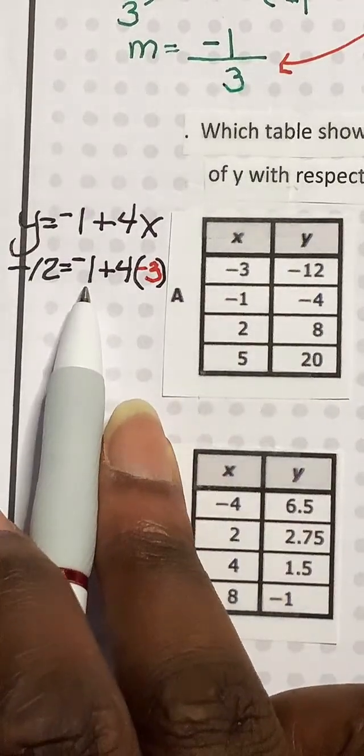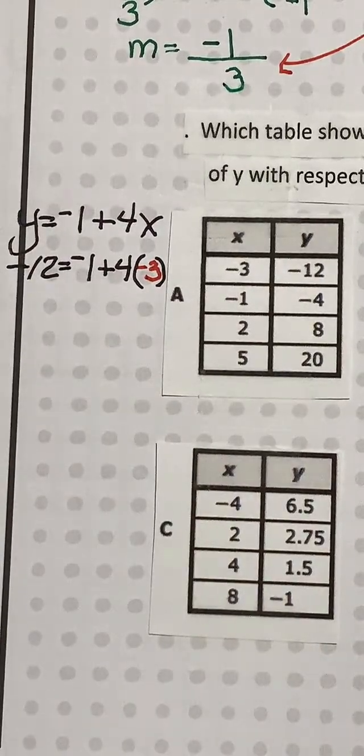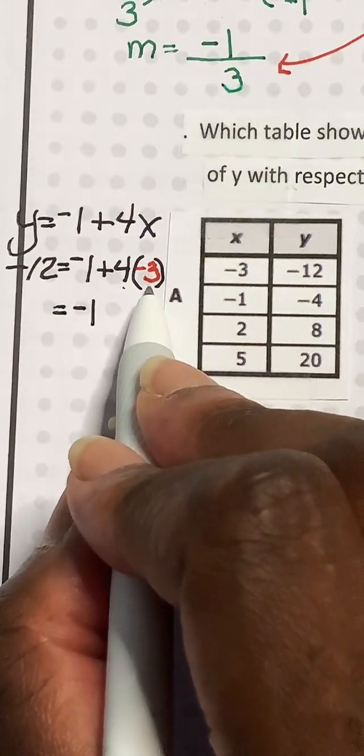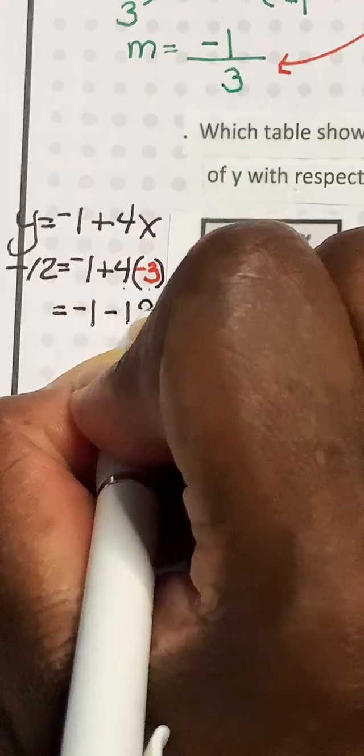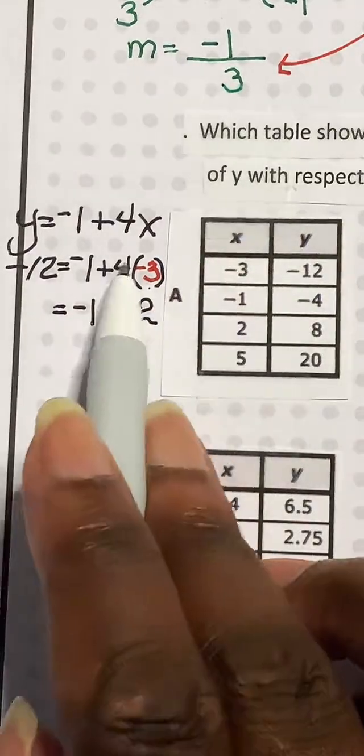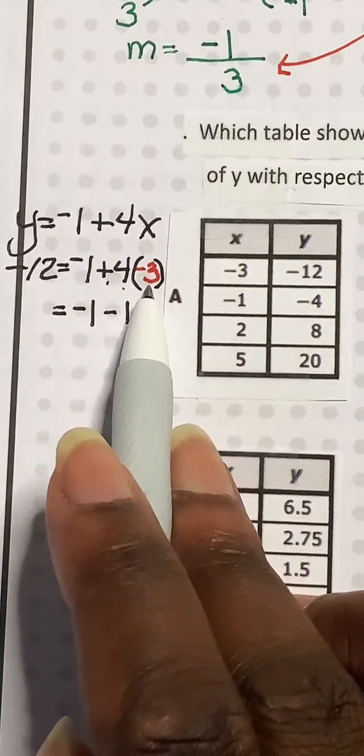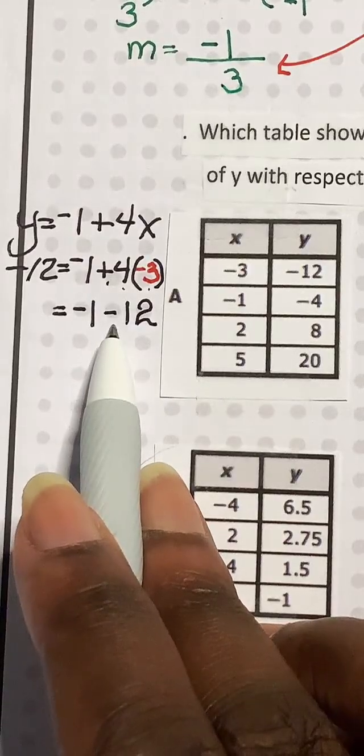So now we have our -1 plus 4 times -3, that itself gives us a -12. Okay, a +4 times a -3 gives me a -12.